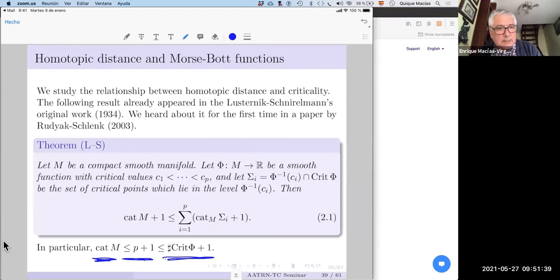The theorem says that if you have a compact smooth manifold and you have phi, a smooth function with critical values C1, ..., Cp, and you call sigma_i the set of critical points in the level Ci, then the category of M is bounded by the sum of the subspace distances of the critical levels. So in particular, it's bounded by the number of critical levels.